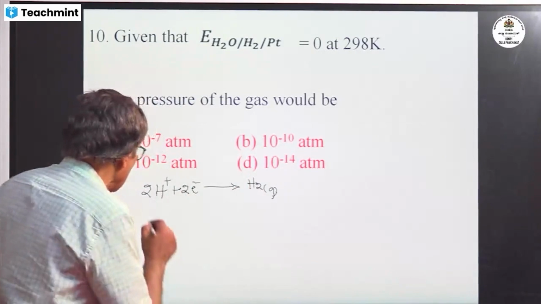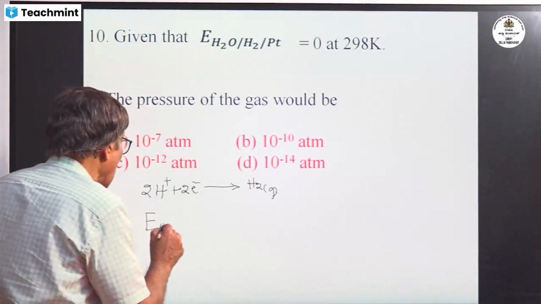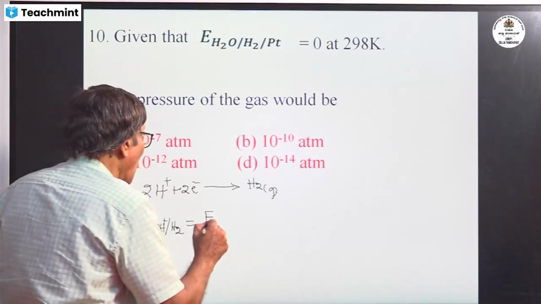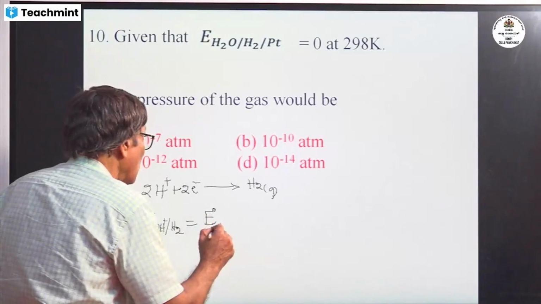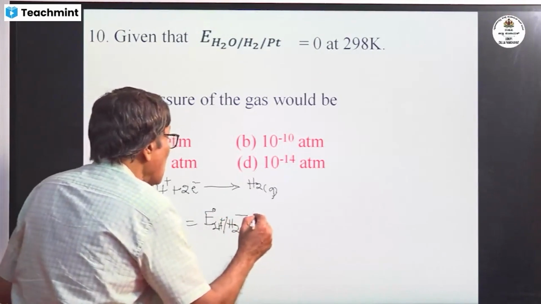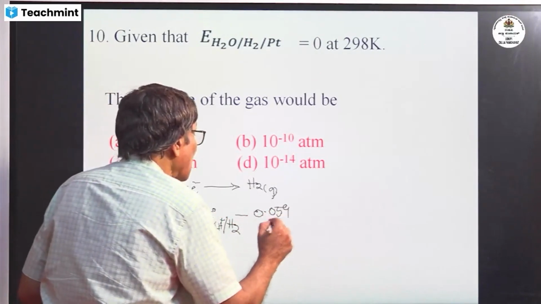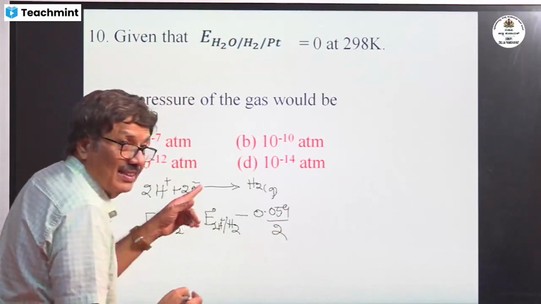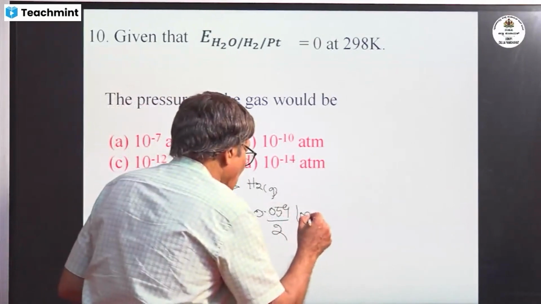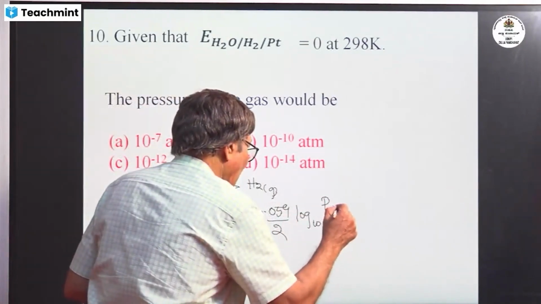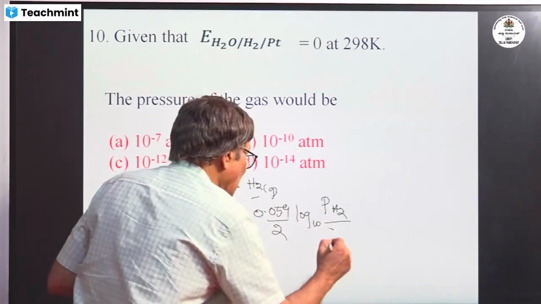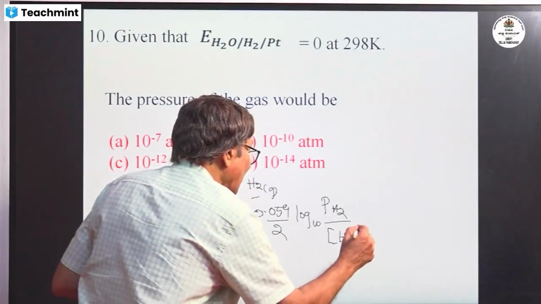Now I can write E of hydrogen electrode is equal to E naught of hydrogen electrode minus 0.059 by n, where n is 2, log to the base 10 of the partial pressure of hydrogen divided by hydrogen ion square, with what is on the right side appearing in the numerator. This is the equation we got.